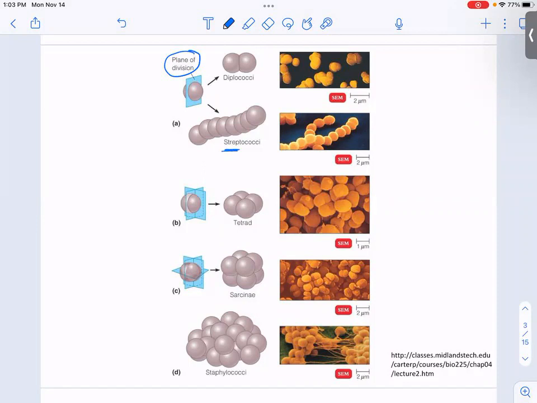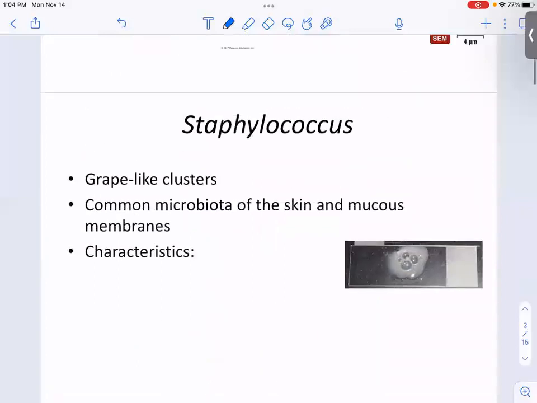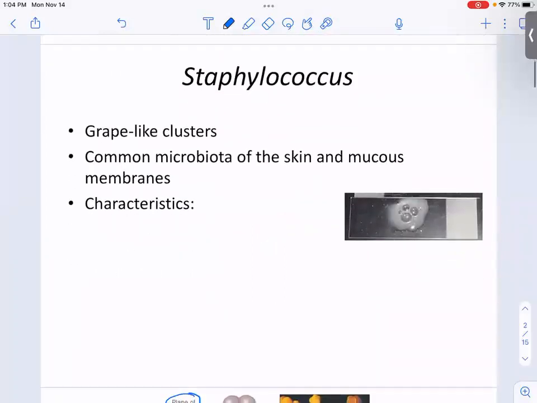The staphylococci tend to divide in many different planes and then they stay stuck together, so we get these grape-like clusters. Tetrads, only 2 different planes. Sarcina, a 3rd plane, so you get cube-shaped arrangements. So that's characteristic of staph.